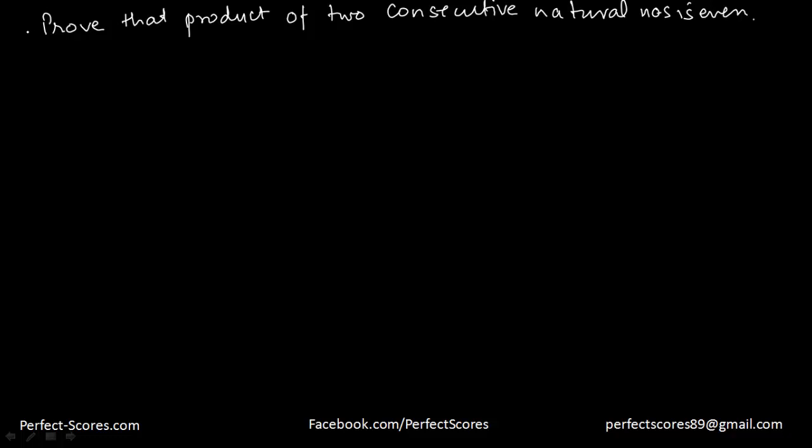So this is something that we have to prove using the principle of mathematical induction. So first of all, I'm going to perform the basic step, right? Now basically the question wants the product of two consecutive integers to be even.